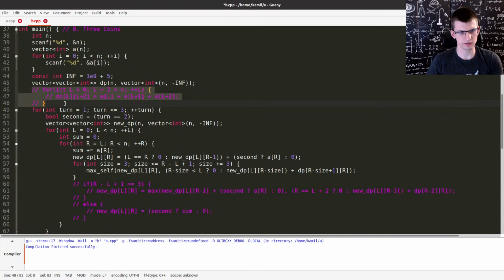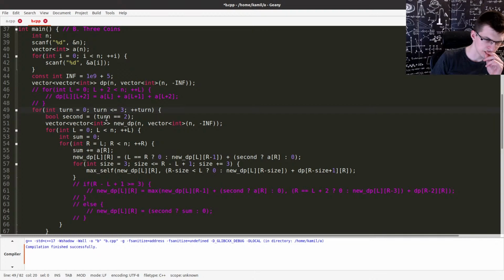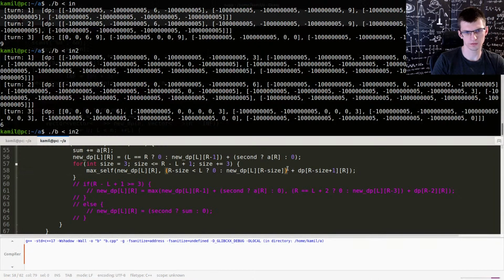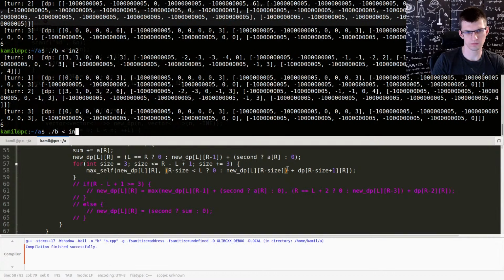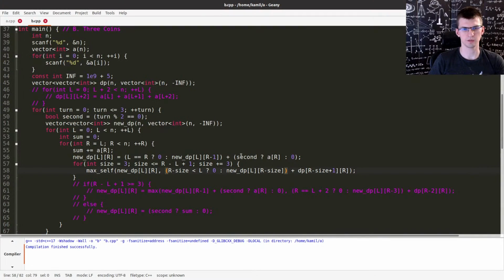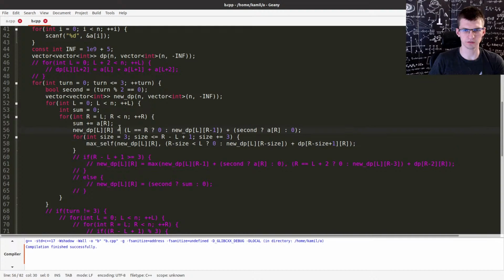If I do this, just for simplicity, instead of taking care of intervals with length being a multiple of 3, if I do this, does it work? Then my code is a bit simpler.